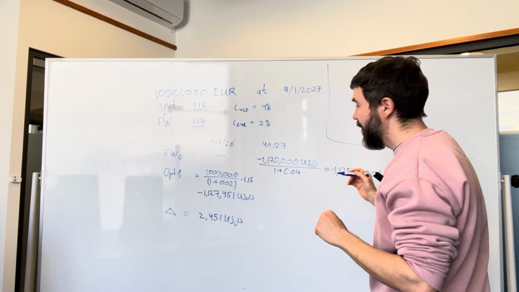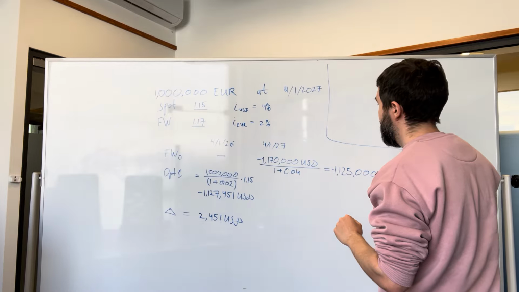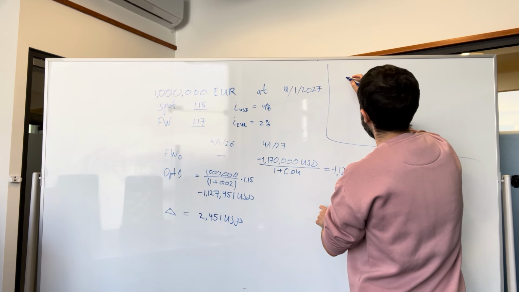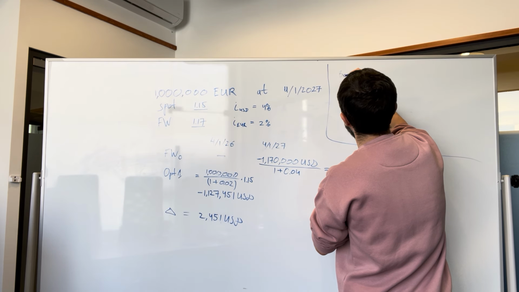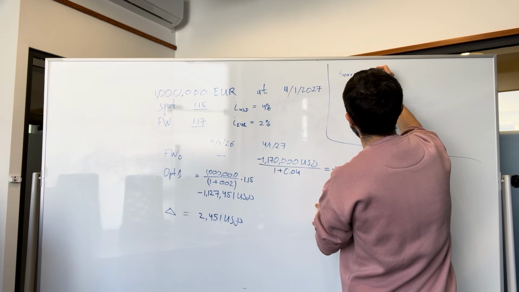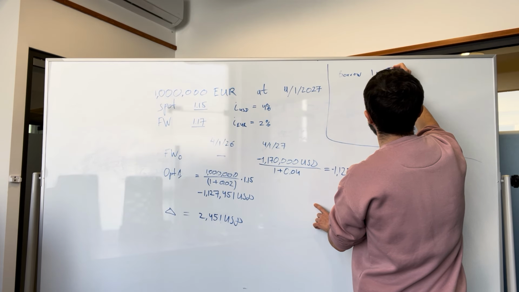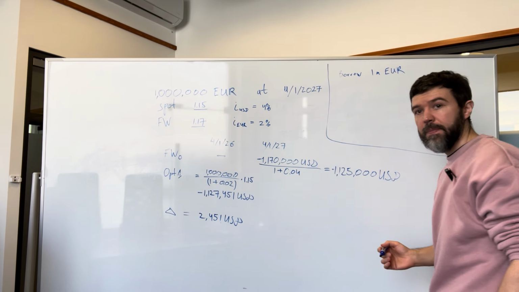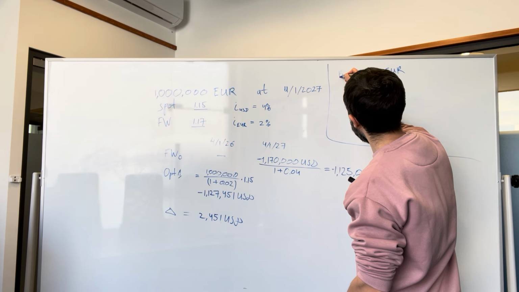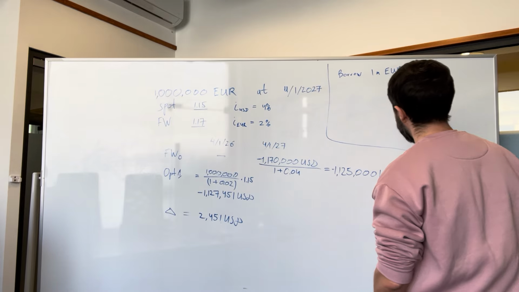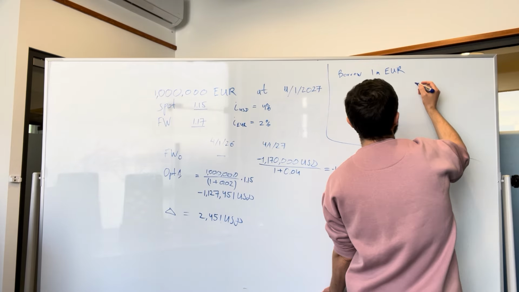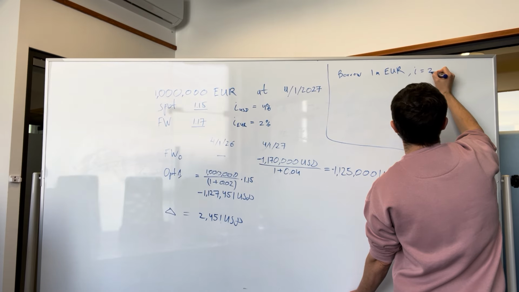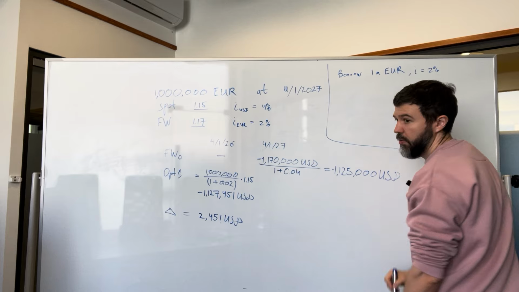What one can do, you can borrow 1 million euro now. Agreed with your bank, signed the agreement, borrowed 1 million euro at an interest rate of 2%. That's also cool.